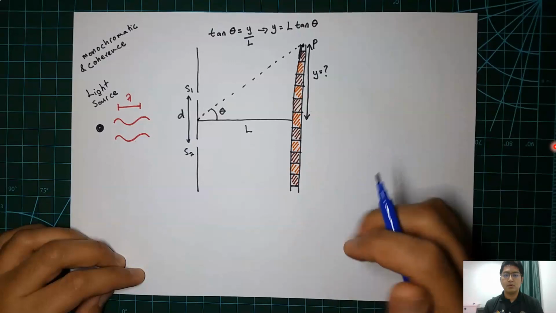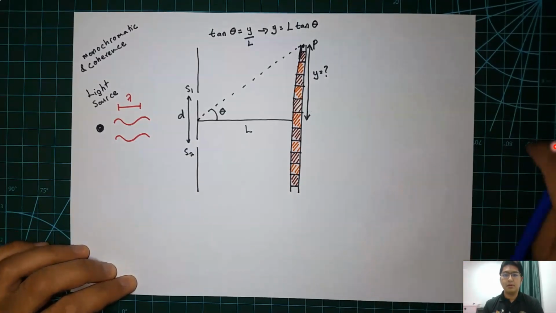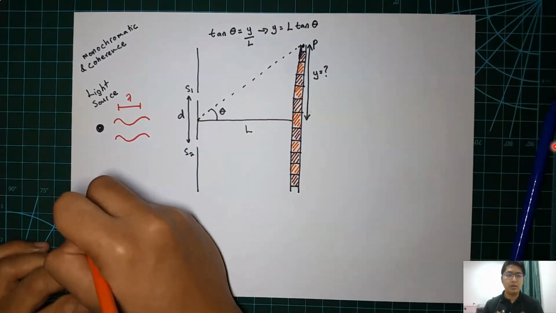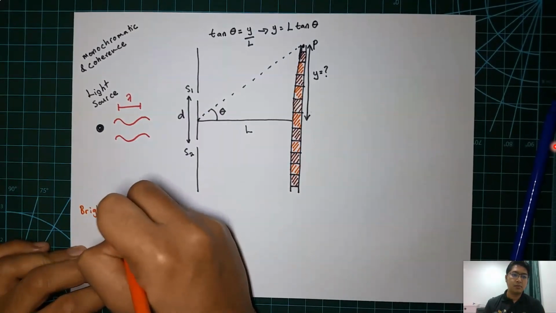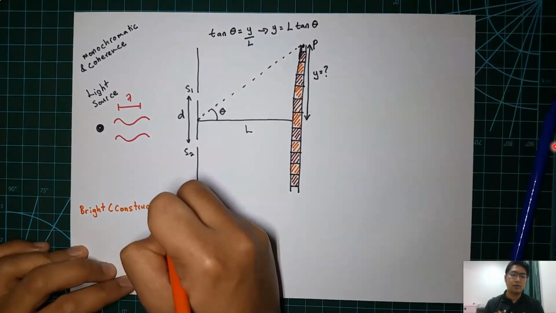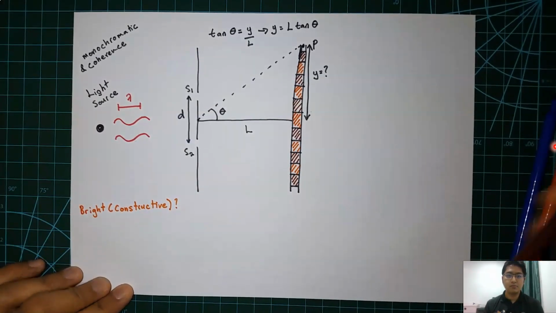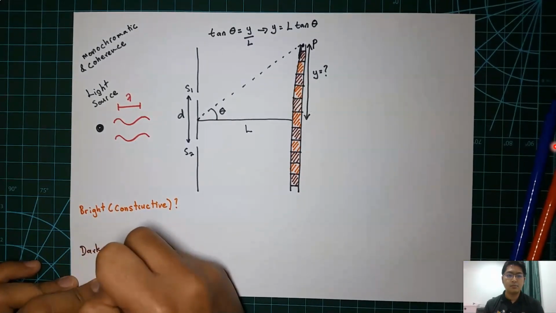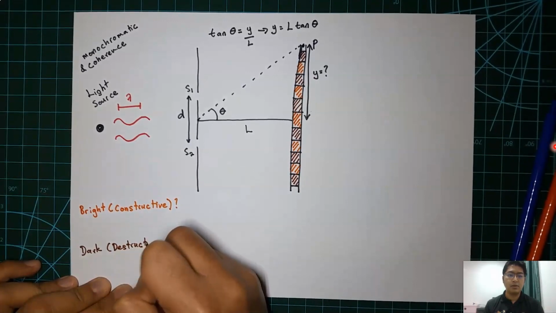So you want to find the series of bright and dark fringes on the screen. If bright, constructive interference occurs. If dark, of course, destructive interference will occur.